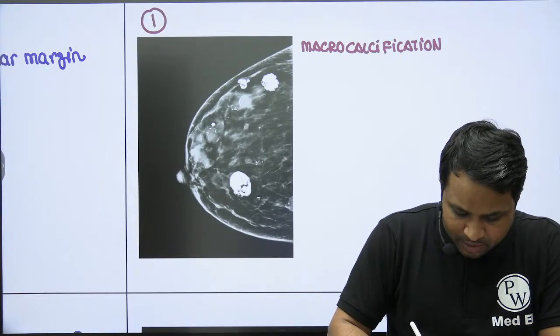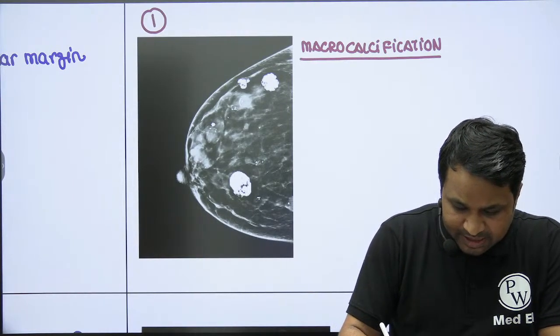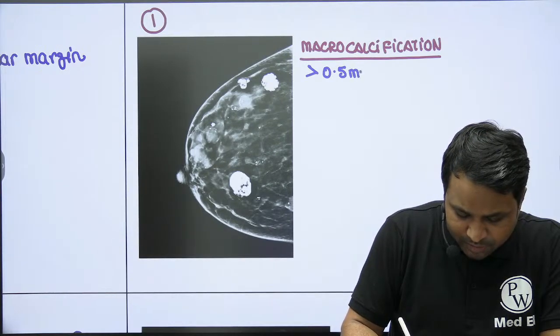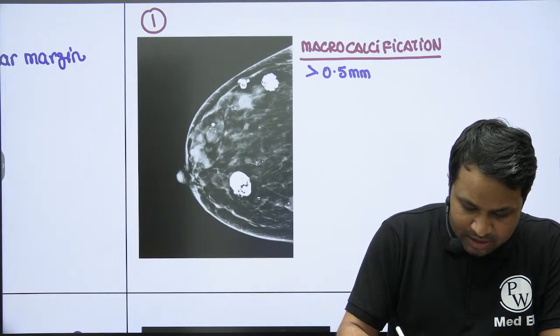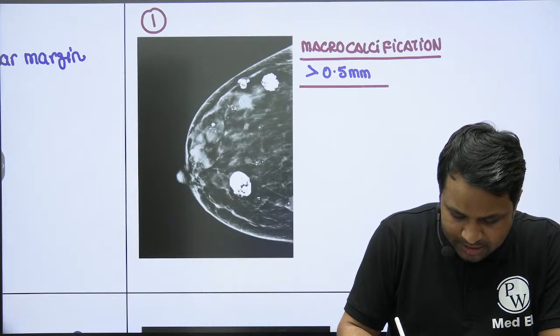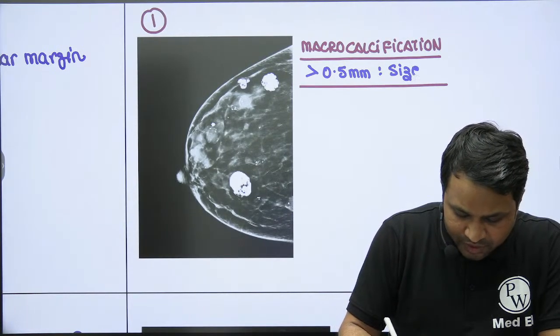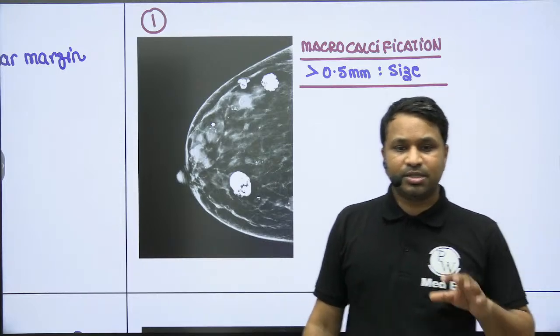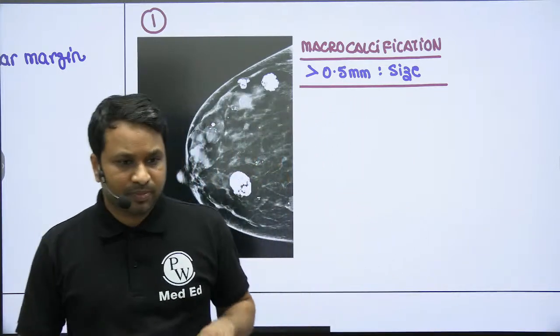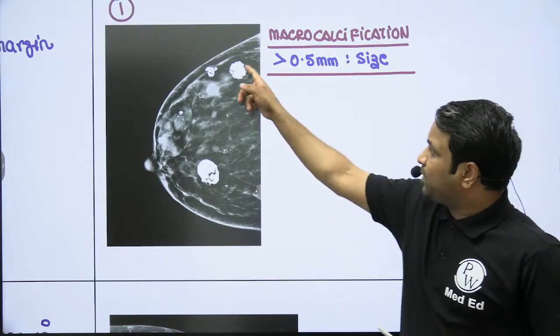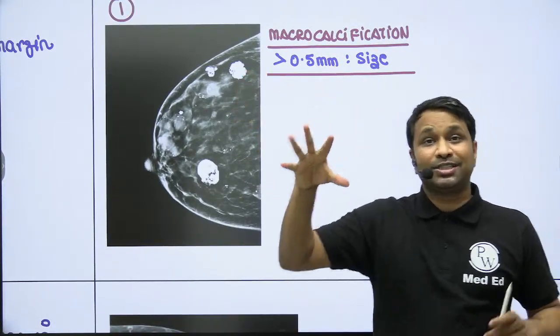Now whenever we say macrocalcification, there has to be a size demarcation to call it as macro. If the size of the calcification is more than 0.5 millimeters, it will be called macrocalcification. Now when you look at the appearance of this calcification, it looks like a popcorn.